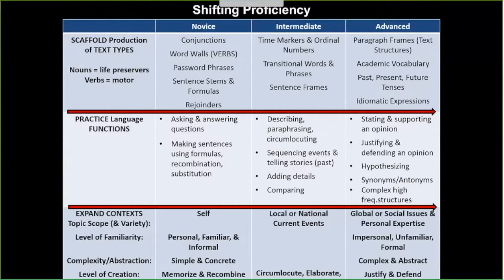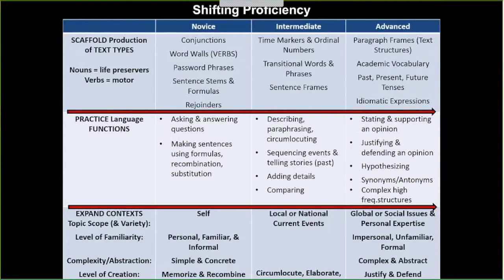Today we're going to be talking about different types of support that we might want to use to help students to shift their proficiency forward. Those might include everything from word walls and password phrases and templates, or teaching them how to make sentences by combining and substituting using formulas, to things like using transitional words and sentence frames, helping them become more introduced to academic vocabulary or idiomatic expressions.